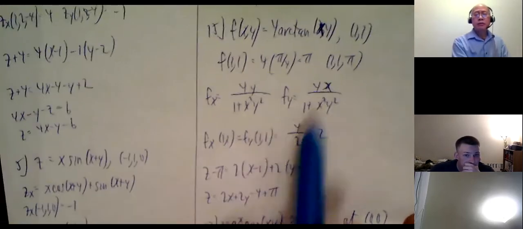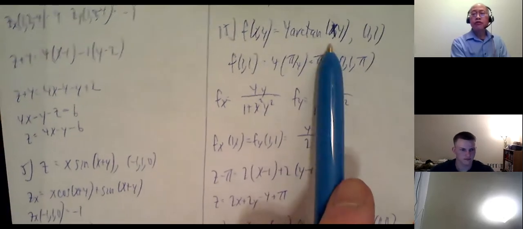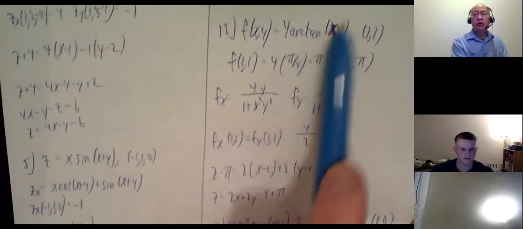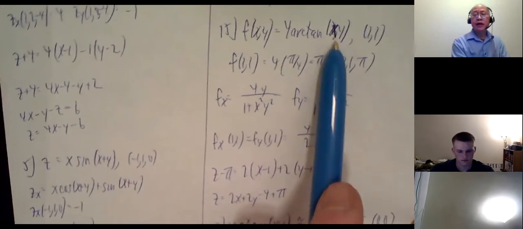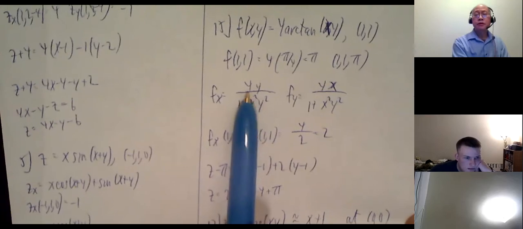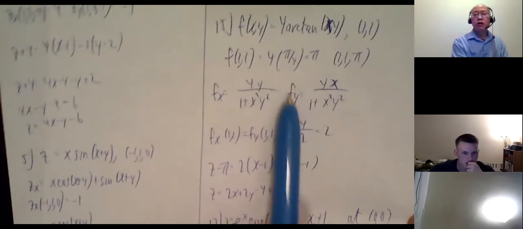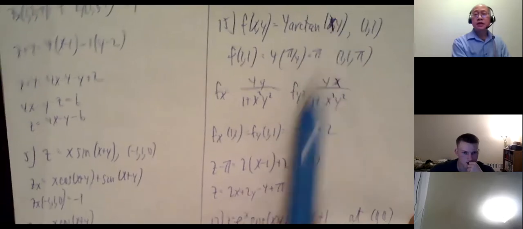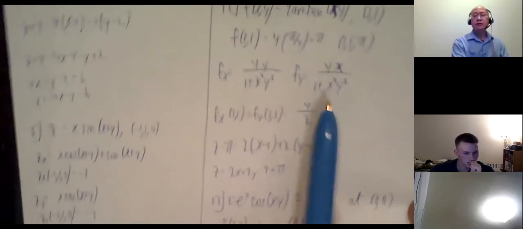fx. Remember how to differentiate arctangent? So 4 times 1 over 1 plus x squared y squared. It's 1 over 1 plus this thing squared. Then by the chain rule times the derivative of xy with respect to x, that would be y. And likewise, fy, 4 times 1 over 1 plus this thing squared, x squared y squared, times the derivative of xy with respect to y, which would be x.